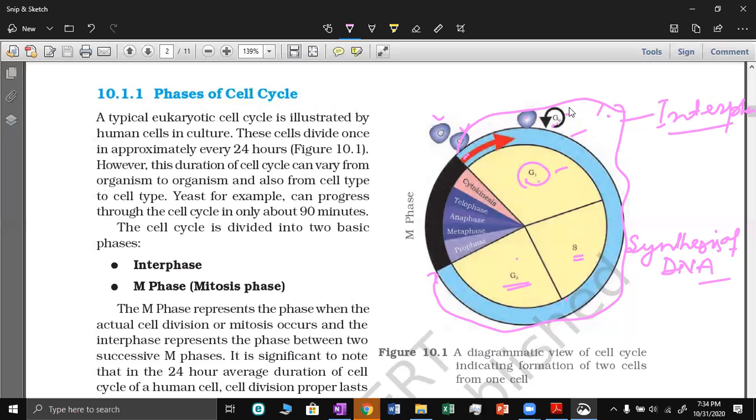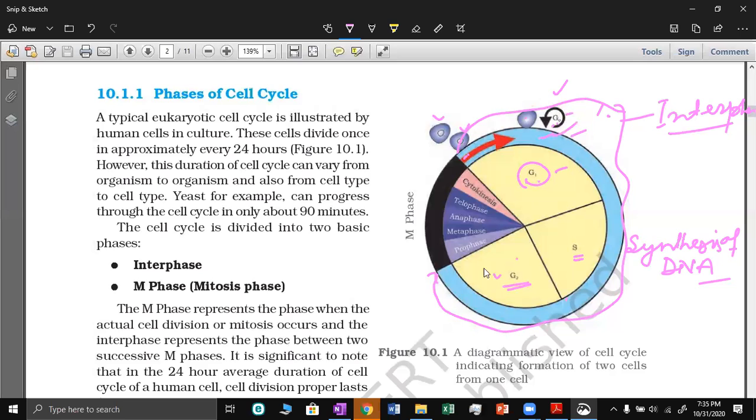It is showing that if the cell will not divide further, then it will exit the cell cycle. It will come out of the cell cycle and be in the G0 or quiescent phase.